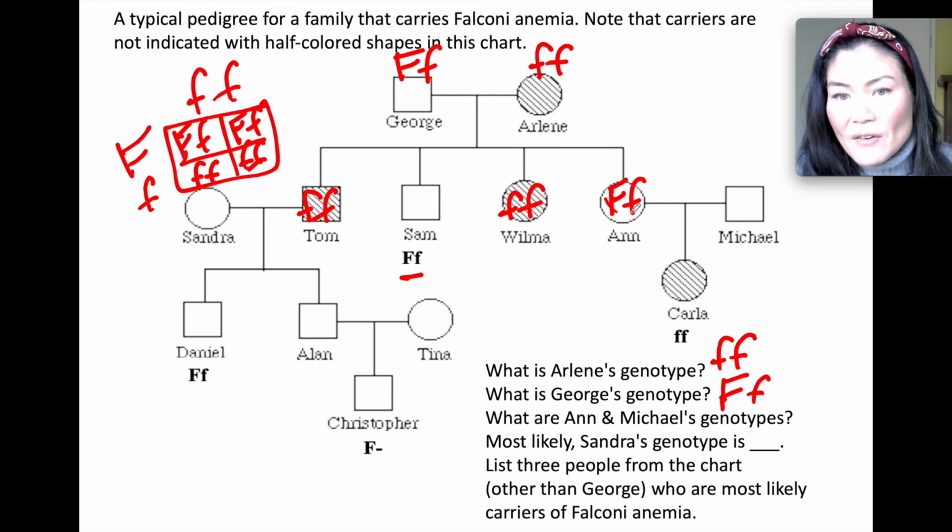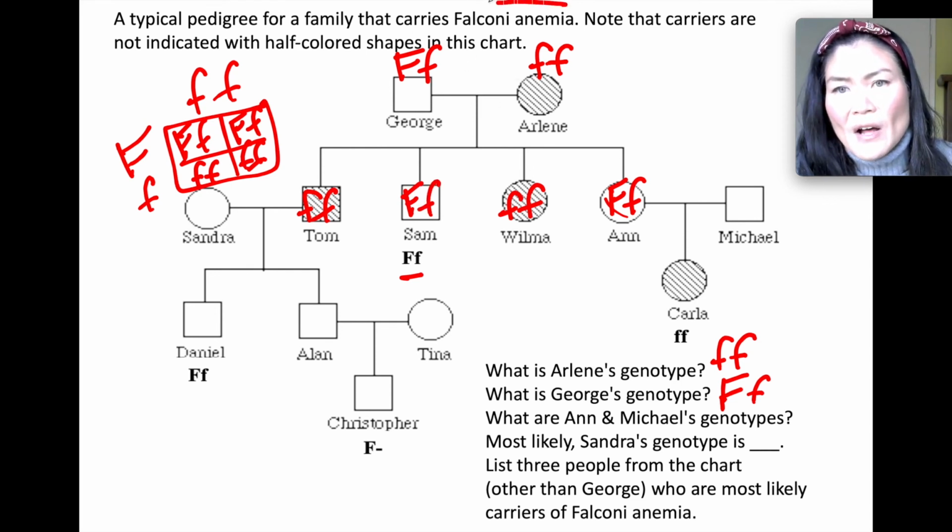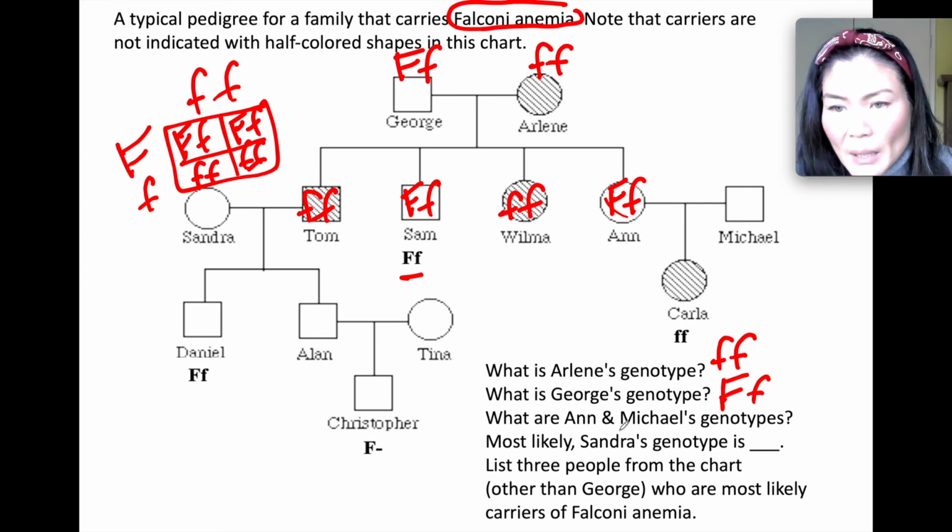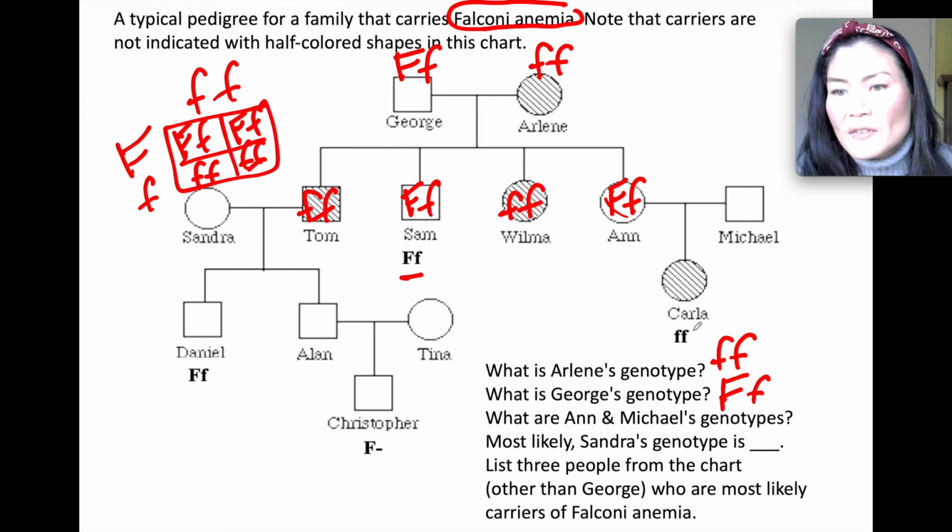Anne is a carrier for this, as is Sam. They all carry this gene for the condition of Fanconi anemia. Anne is a carrier. Michael, we don't know about Michael. However, their daughter does have Fanconi anemia, little f, little f.